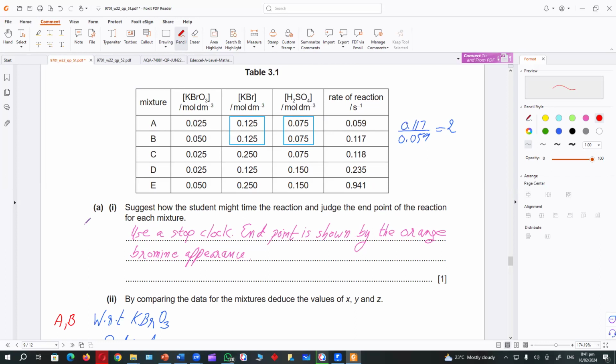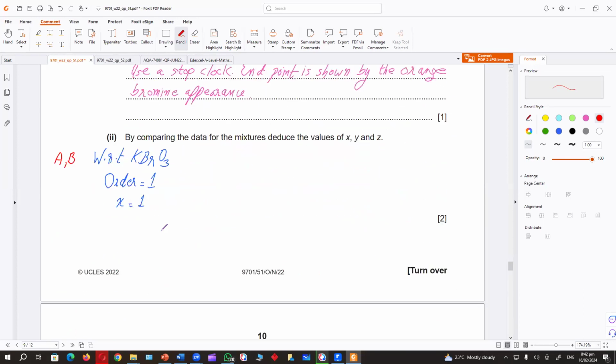For KBr, we can take A and C. Is it going to double? KBr is doubling, and what about the rate? Is it not changing, nearly the same?